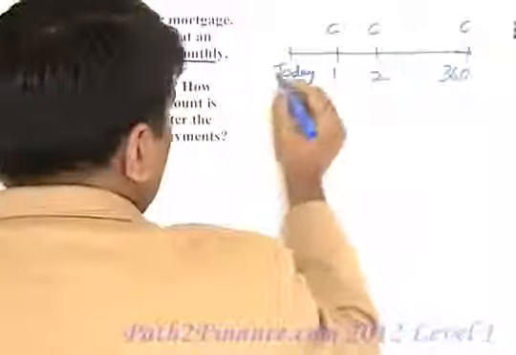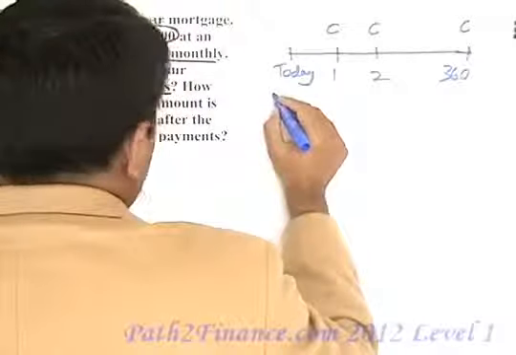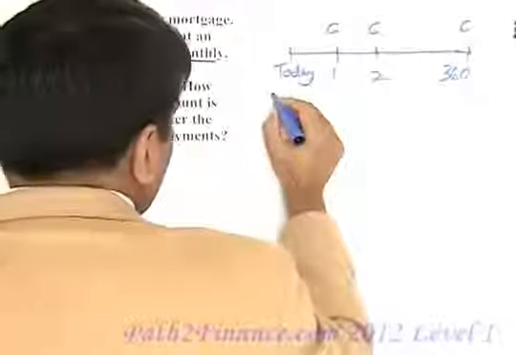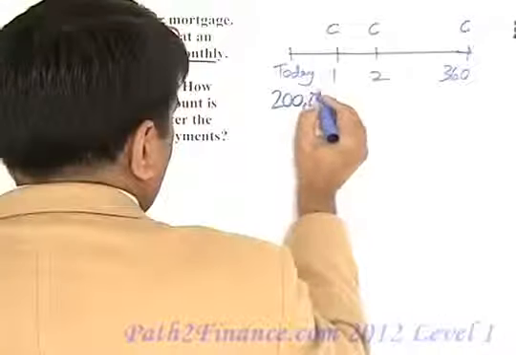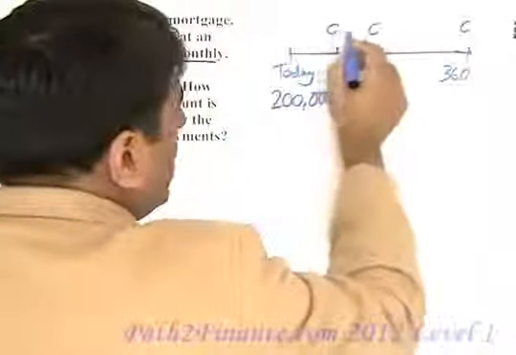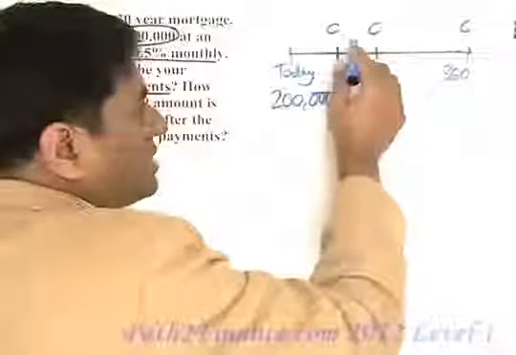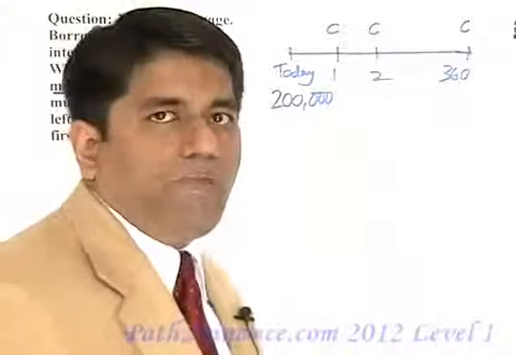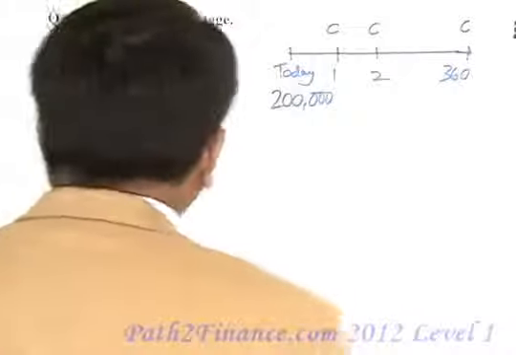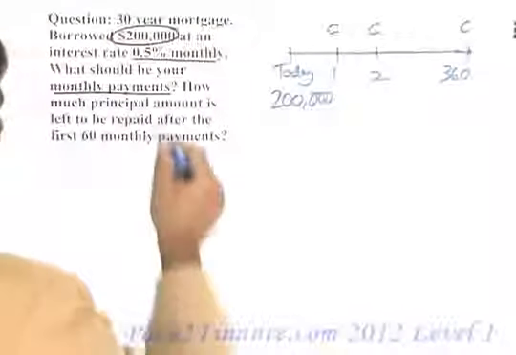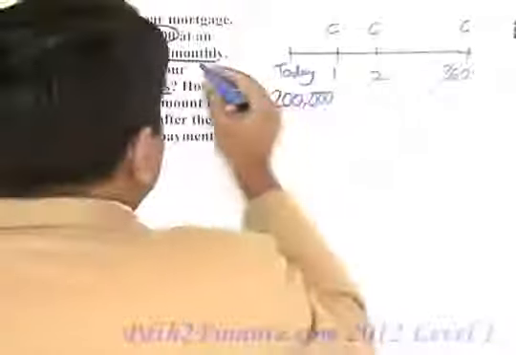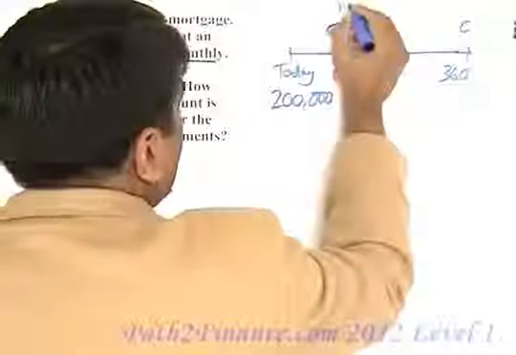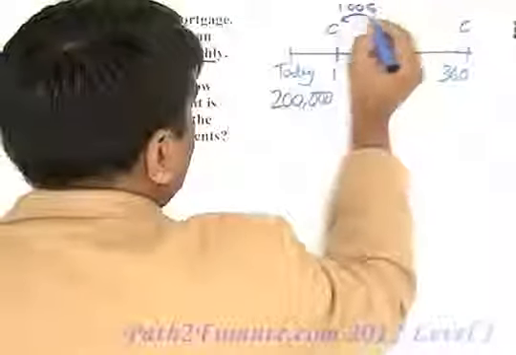So the amount of money that is lent today, which is 200,000, equals the present value of all these monthly payments of amount C. Now these monthly payments are discounted at 0.5% monthly. So the rate at which you move these back is 1.005.